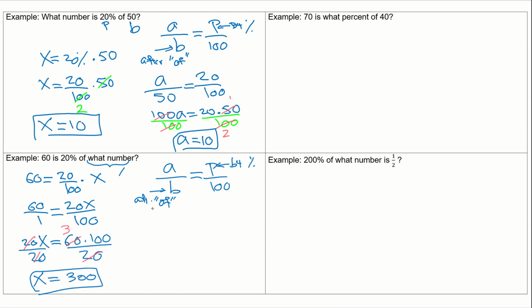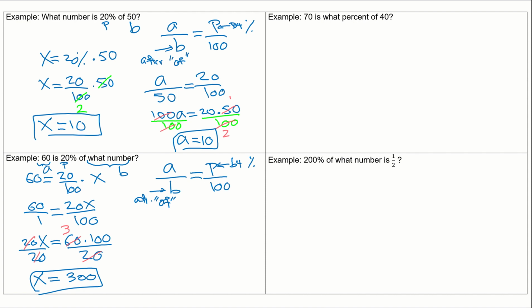So that's going to be our B. And what comes before this percent symbol is 20, so that's going to be our P. So that leaves only one number, that must be our what? Our A, which is the part of the whole.